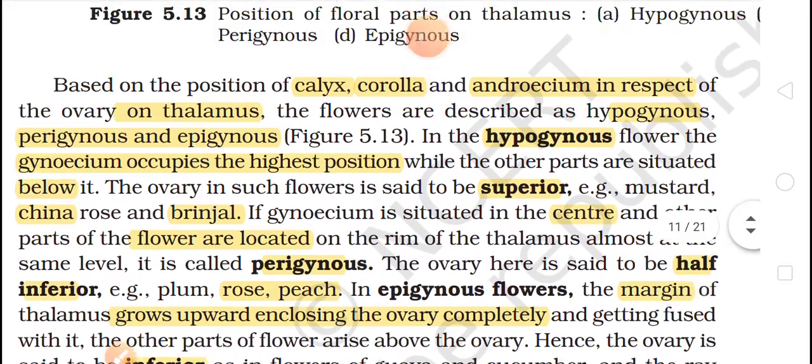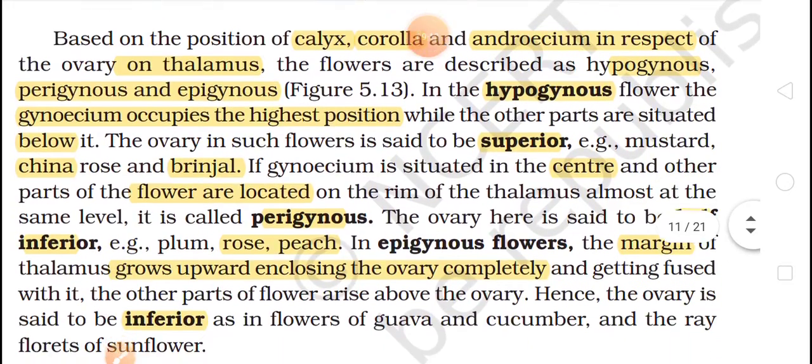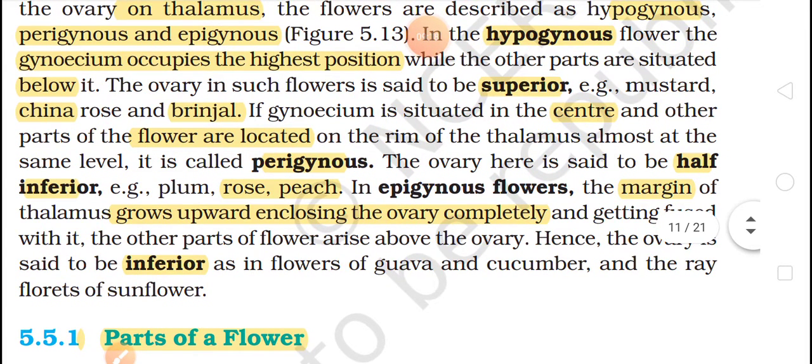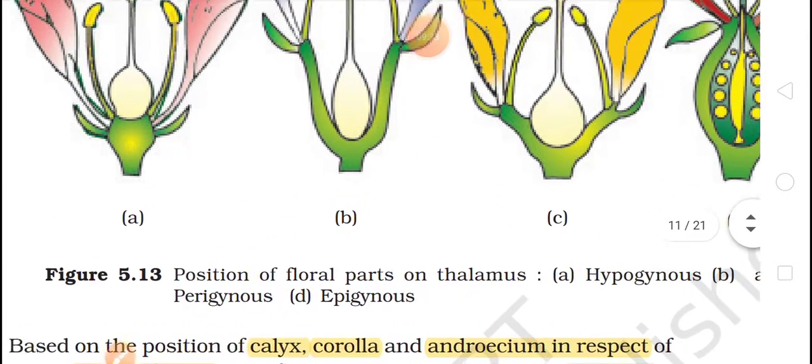Now the last one, children, epigynous. In epigynous flowers, the margin of the thalamus grows upward, enclosing the ovary completely and getting fused with it. You can see in the diagram.